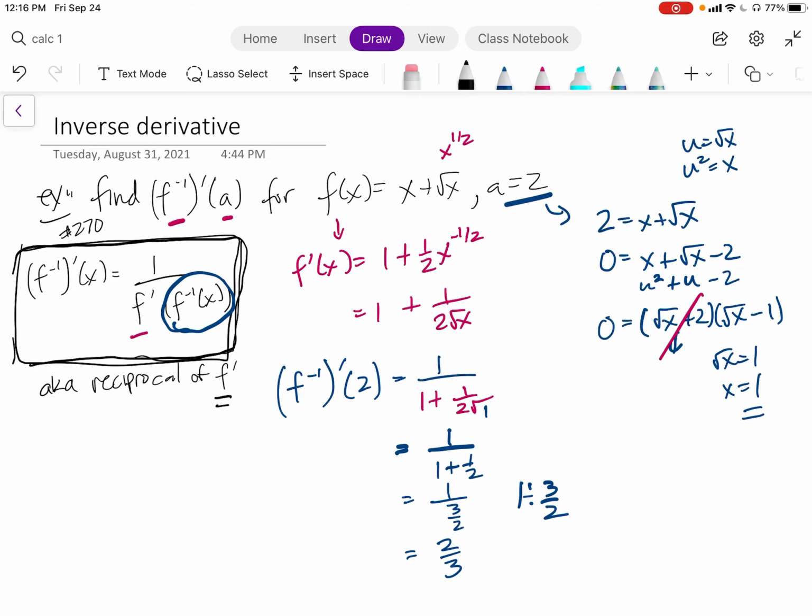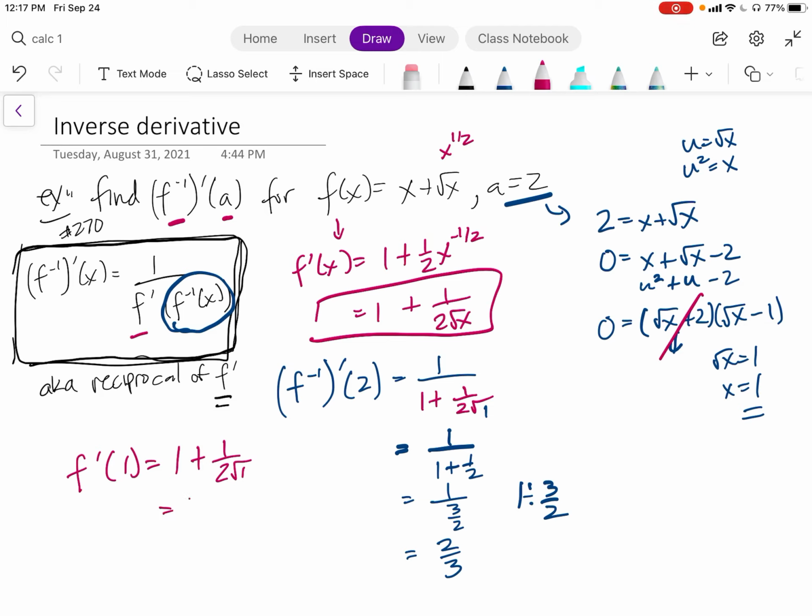So honestly, if we just found f prime of 1, let's take our f prime, which was here, and do f prime of 1: 1 plus 1 over 2 root 1. We know we get 3/2 because that was in the denominator. And the inverse just says it's the reciprocal of that result. That is what 1 divided by anything is. It's simply the reciprocal. And so that makes sense as our end result here.